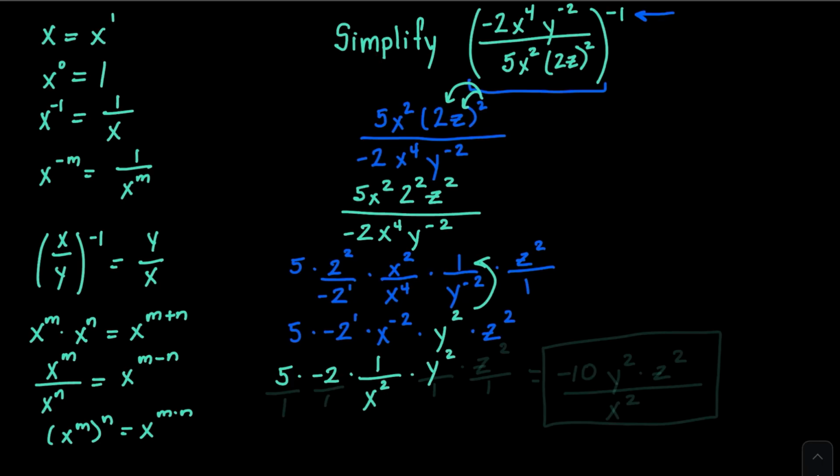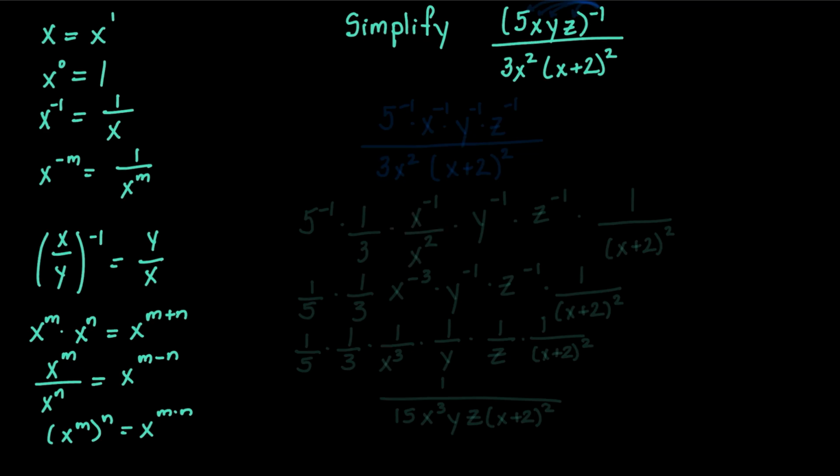Y squared, z squared. Okay, I'm going to put these over 1 so that I can multiply everything straight across. 5 times -2 is -10, times 1, times y squared times z squared, all over x squared.